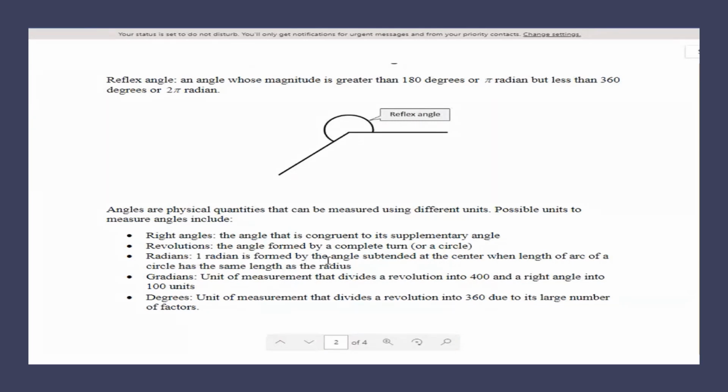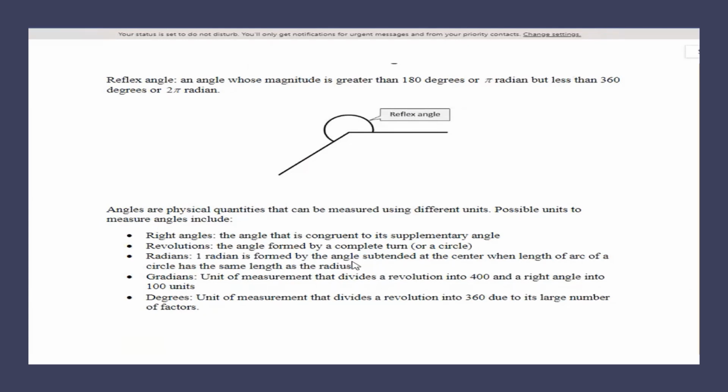Radian: one radian is formed by angles subtended at the center of a circle when the length of the arc of the circle has the same length as its radius. We're gonna go into that later on. So a radian has to do with the arc and the radius, all right?